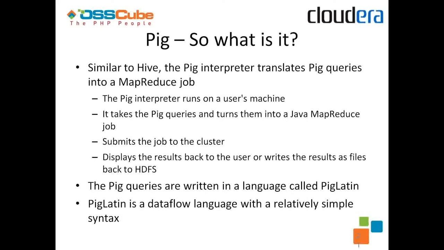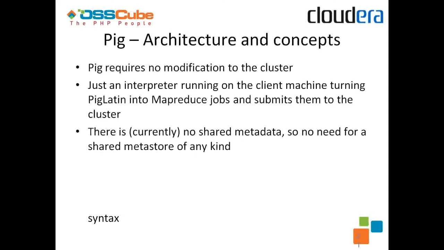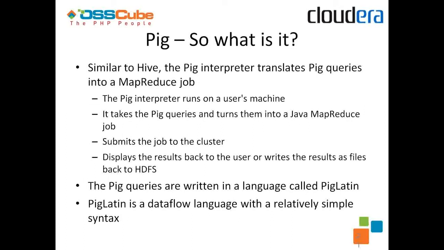So what is it? Again, similar to Hive, Pig is an interpreter that translates Pig queries into a MapReduce job. Again, the interpreter runs on your local machine, turns the query into a MapReduce job, submits the job onto the cluster, and then displays the results back, or writes the results back to HDFS.